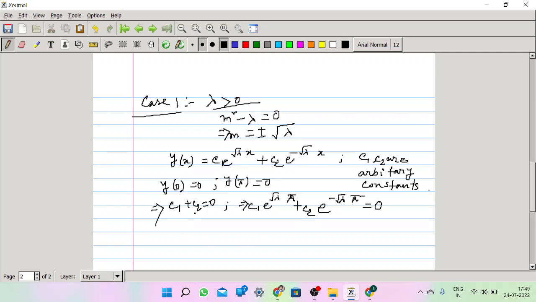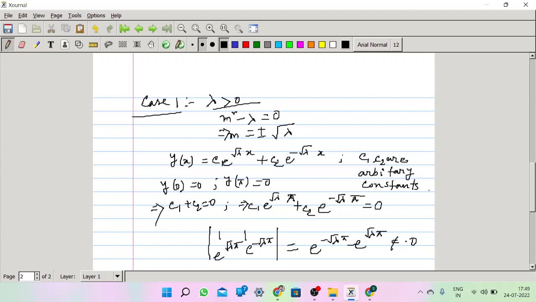Now we have to solve these two equations to find c1 and c2. The determinant is 1, e power root lambda pi, and 1, e power minus root lambda pi, which is equal to e power minus root lambda pi minus e power root lambda pi, a non-zero quantity.